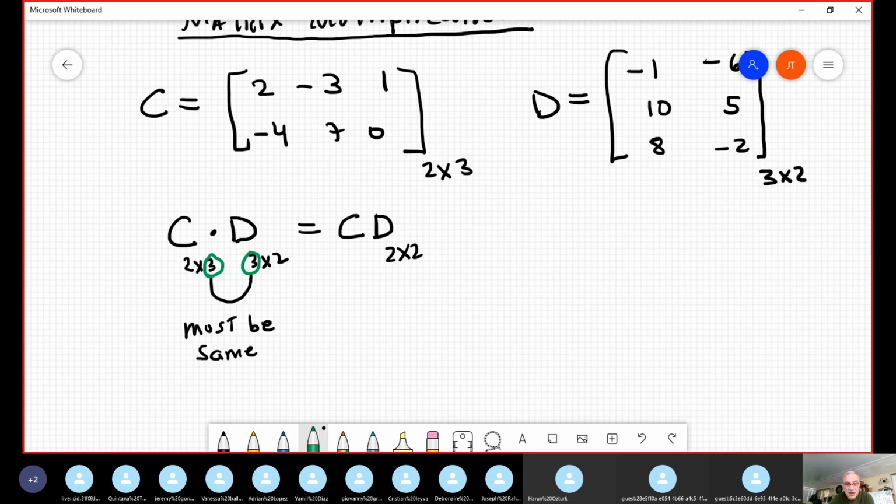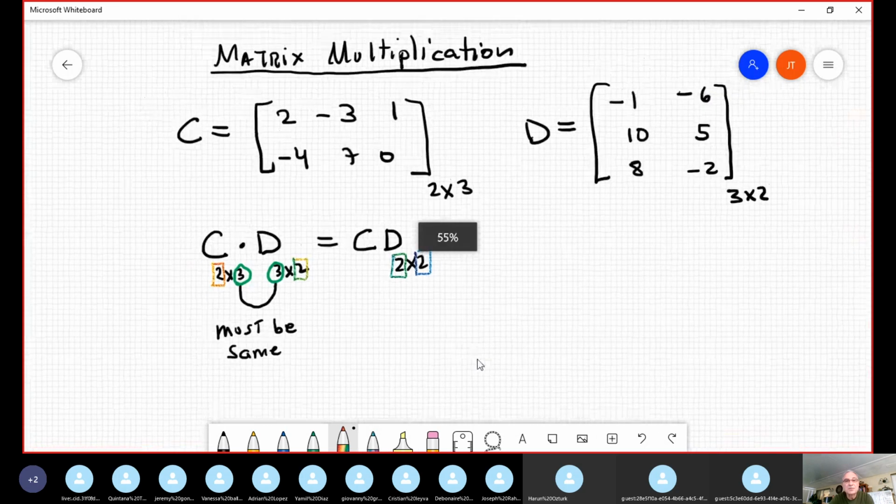After that, you analyze the dimension on the other side, and this dimension is this dimension. Now, when you multiply C and D together, we get a new matrix that is only 2 by 2.